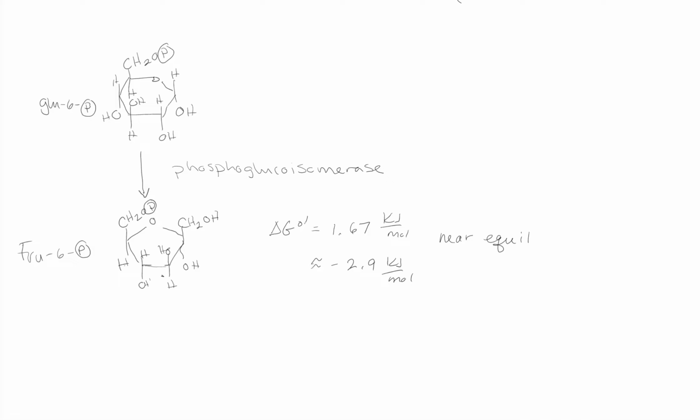It's figure 18.8 in your text, and it's a fairly simple example of a base abstracting a proton, pushing electrons to the anomeric carbon, which allows for a ring opening event, which allows for a subsequent ring closure event under a different form, where you have a different nucleophilic attack than you did with the glucose. So it's worth a look in the textbook, but not something I'm going to have you memorize.